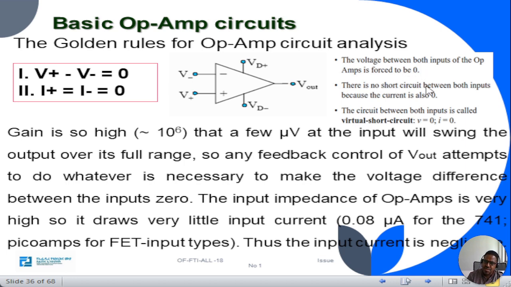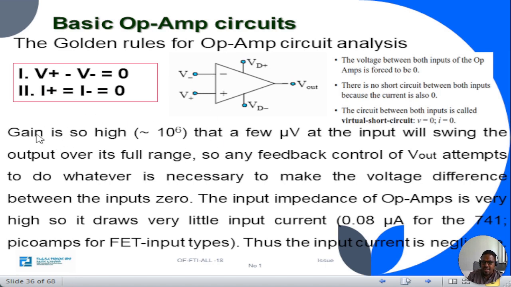There is no real short circuit between both inputs because the current is also 0. The connection between both inputs is called a virtual short circuit. So V becomes 0, I becomes 0. Virtually, both inputs are short circuited. Virtual means it seems like a short, but not really.